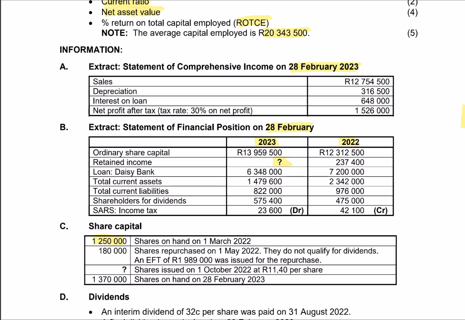Then an EFT of 1,989,000 was issued for the repurchase. Then shares issued on 1 October 2022 at 11.40 per share. Then closing number of shares: 1,370,000 shares on hand on 28 February 2023.